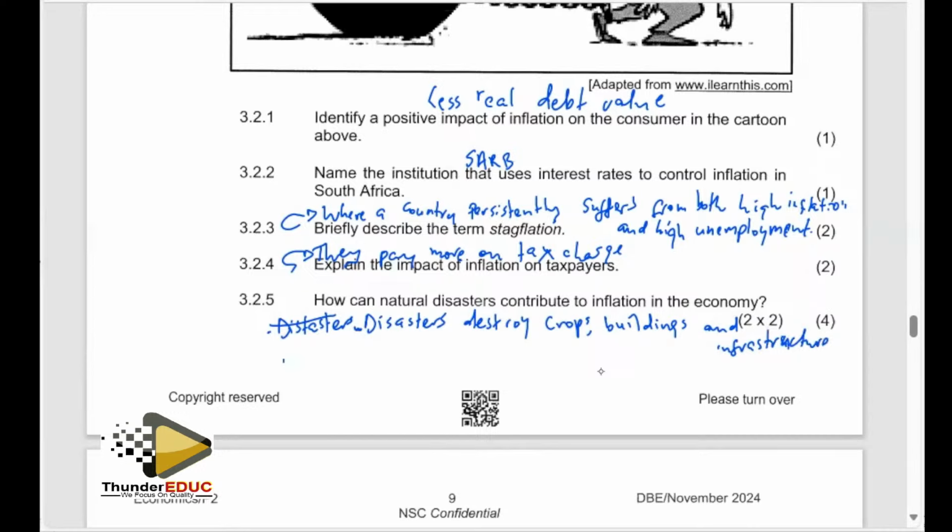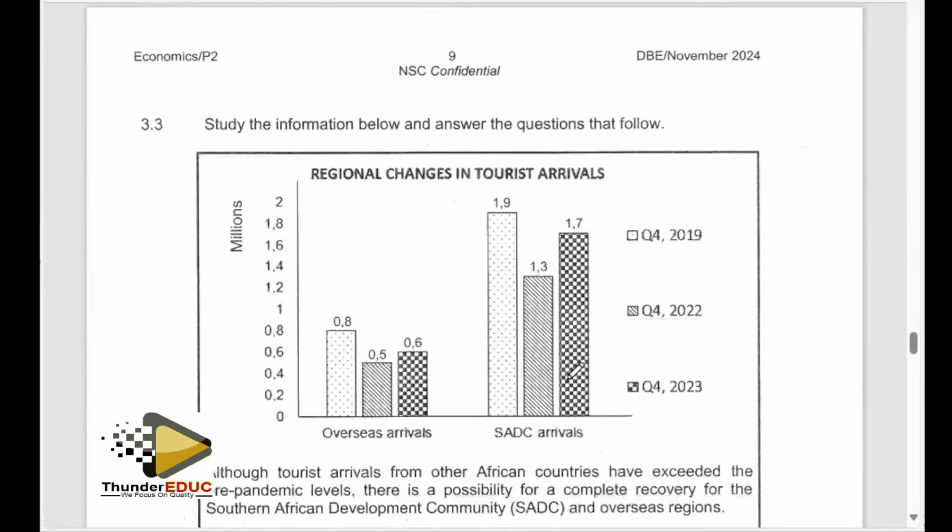Okay, right? So now also we are saying that disasters lead to a maximum rise in consumer prices. Okay, right. So now let's move on to the next question.